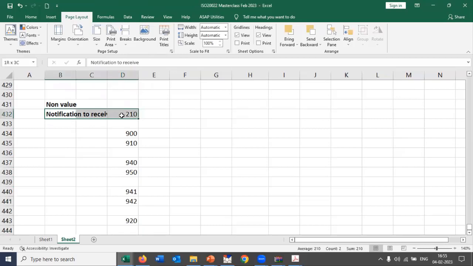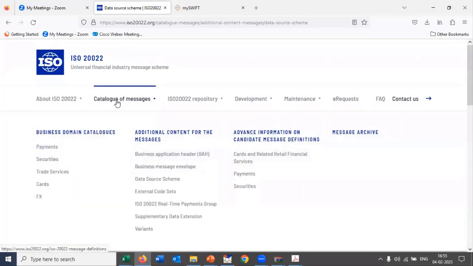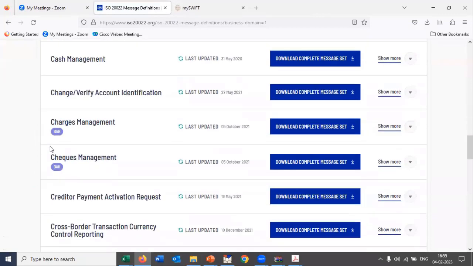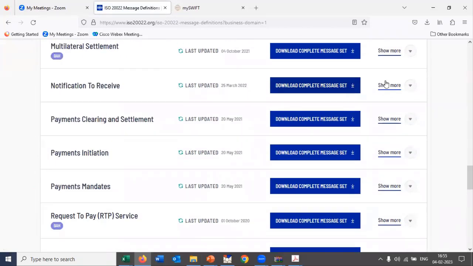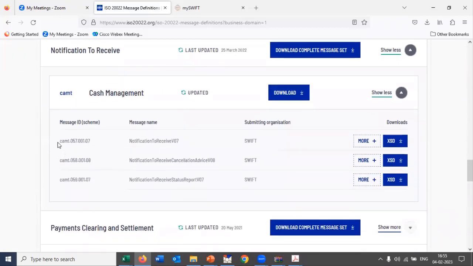Now, when it comes to notification to receive, I will be having multiple message structures under it, because in MT, I got only MT210. In ISO, I got CAMT057, which is equivalent of my notification to receive. For CAMT058 and 059, there is no equivalent in the MT category. That's the reason I'm showing this to you.